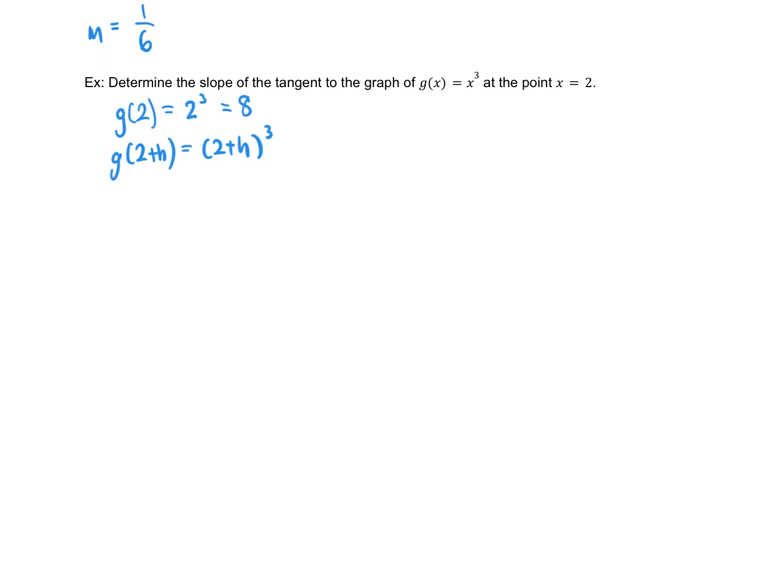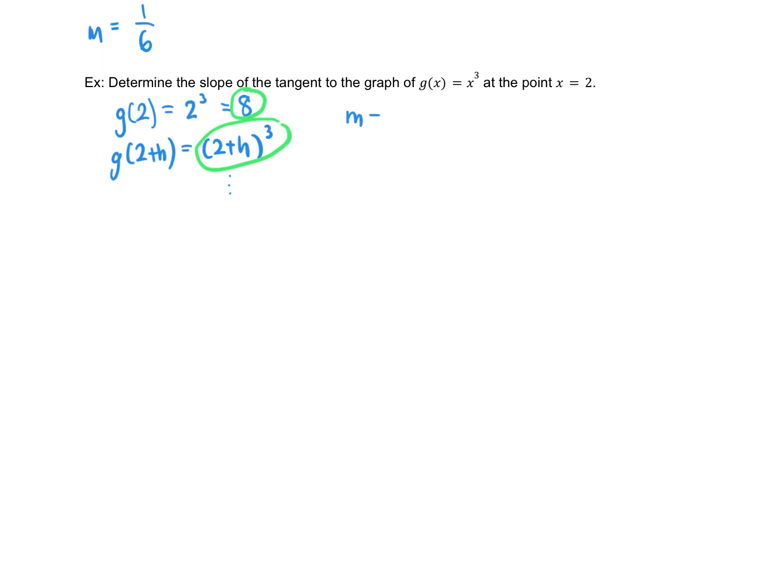But when I look at this as my y2 and this as my y1, and think about how I would subtract them, it kind of looks like a difference of cubes here. And that might be a little bit more efficient, so I'm going to give it a try. But again, you could definitely go and distribute this.